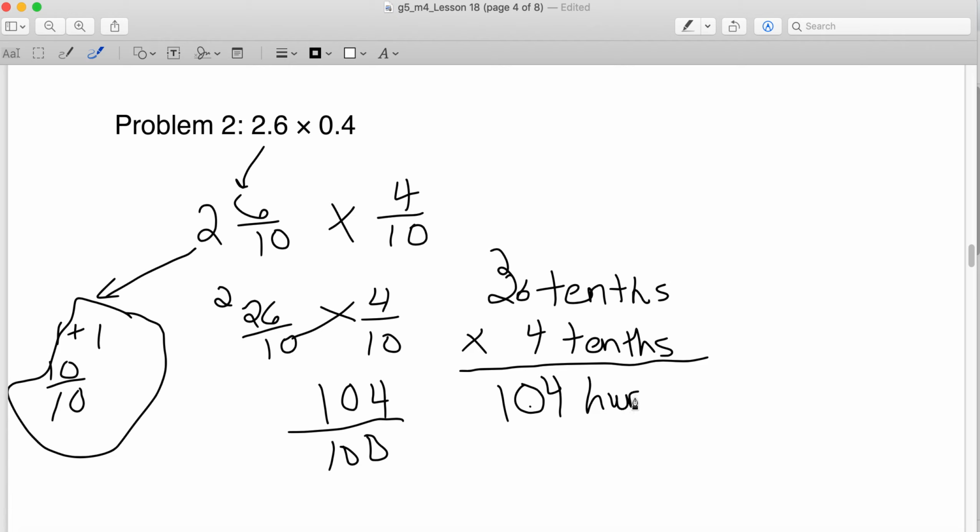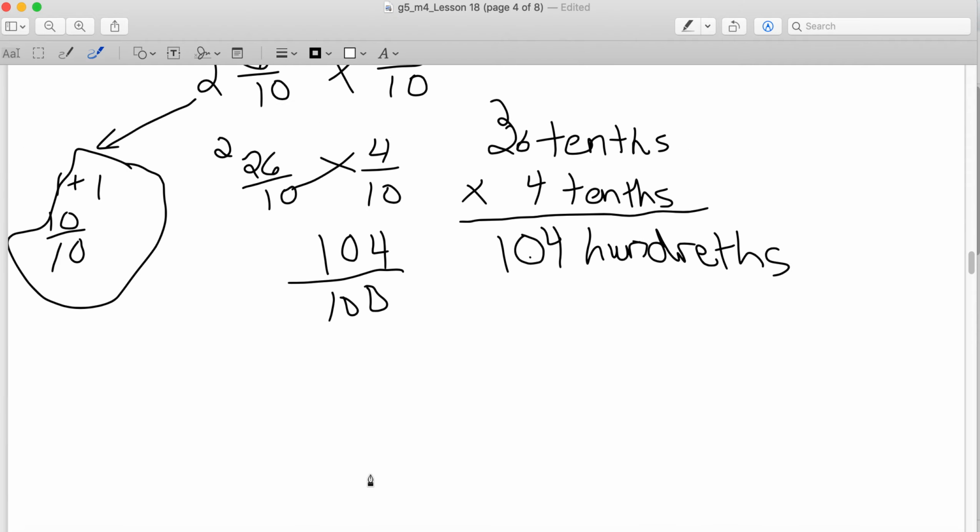So be very careful, ladies and gentlemen, that you don't bring down this particular language for this number because it's no longer tenths, it's hundredths. Okay, all right. And so how many hundreds are in 104? So there's one, and then what's left over is 4 hundredths.